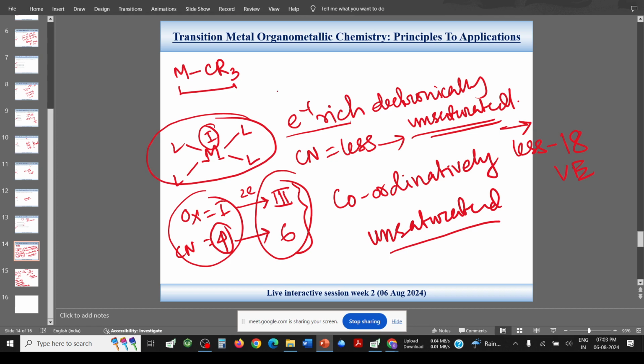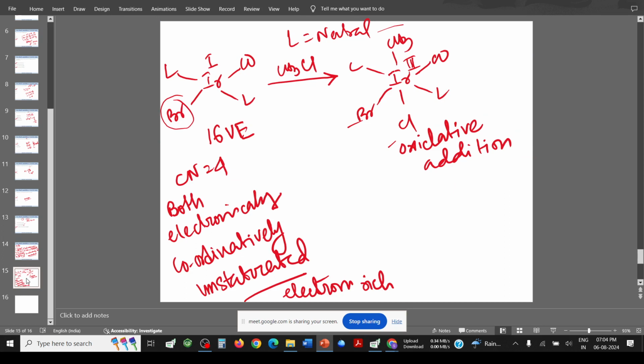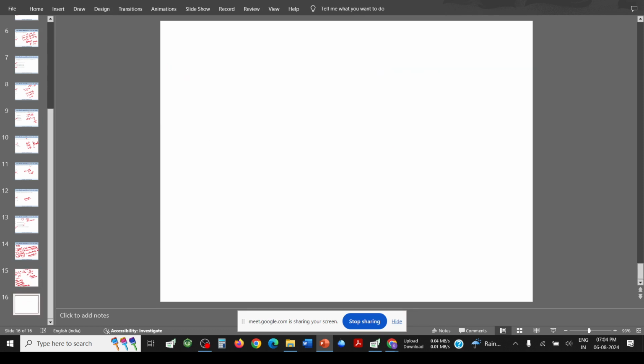But if it undergoes oxidative addition, the ligand which is already existing on the metal, like here the L, should be replaced, or L should go out from the system to make the system coordinatively as well as electronically unsaturated.